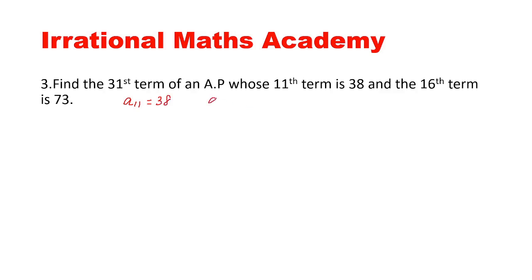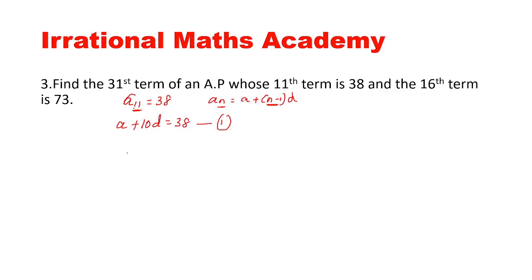If you remember, the formula is An equals A plus N minus 1 into D. Here N is 11, so N minus 1 is 10. So A plus 10D equals 38. Let me take it as equation 1.